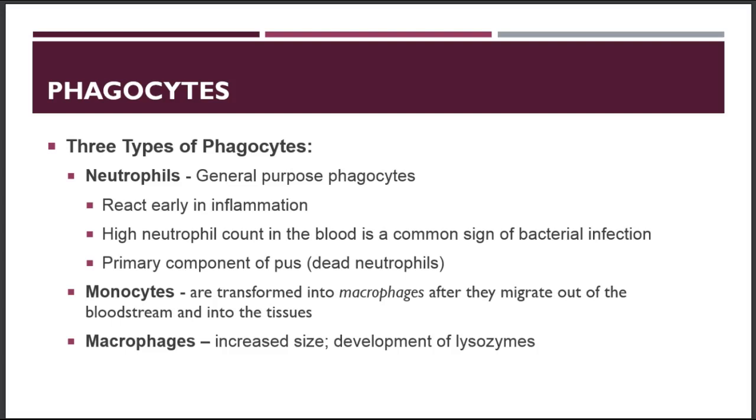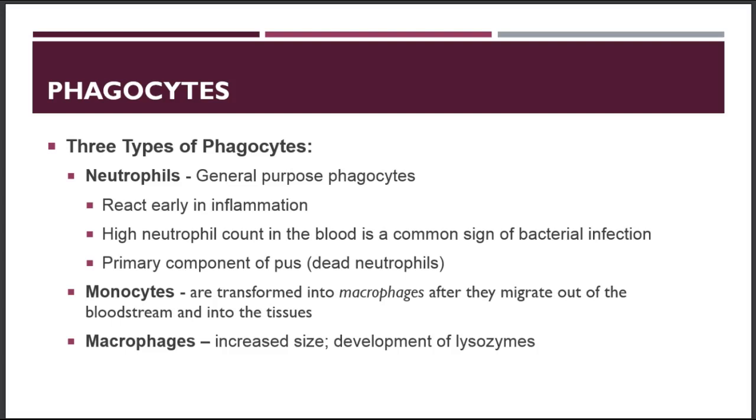They are also the primary component of pus, and they're typically dead neutrophils by the time they're in pus. Neutrophils do not have a long lifespan, about 3 days, and they are one of the most common cells found in the blood aside from erythrocytes or red blood cells.